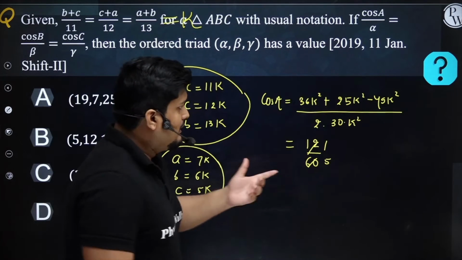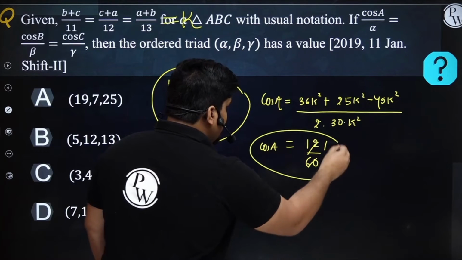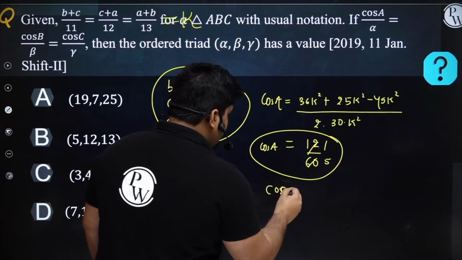So if we have cos A, we can find out the others, right? We got cos A equal to 1 by 5. Now we can find cos B also. What will be the value of cos B?